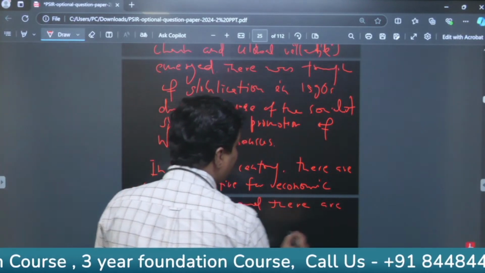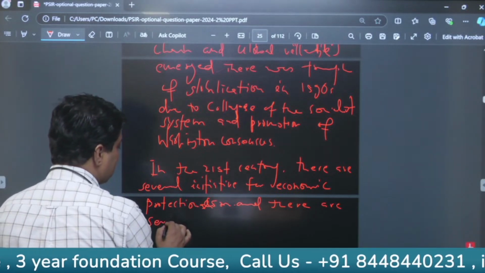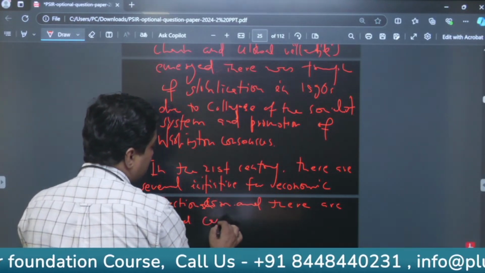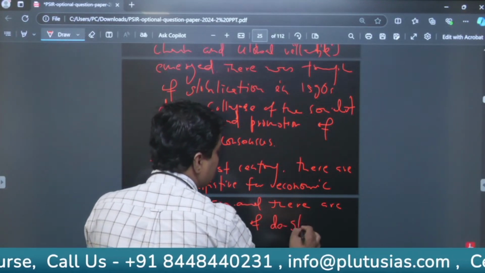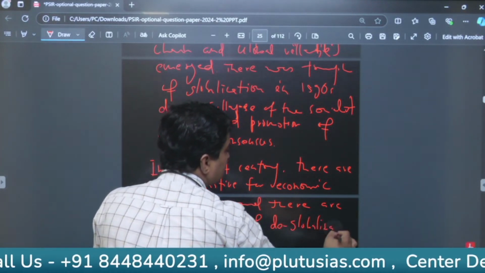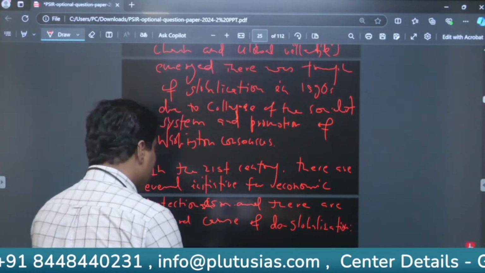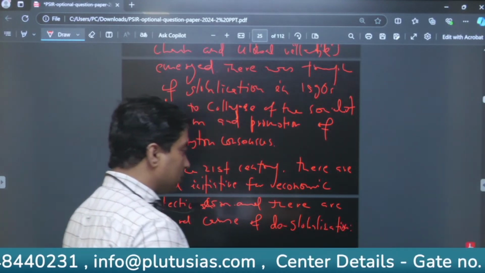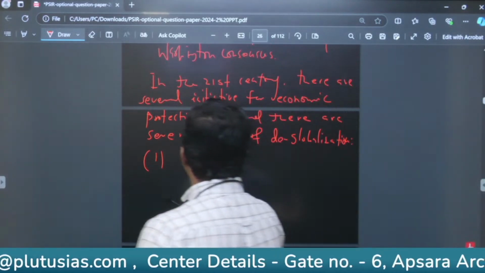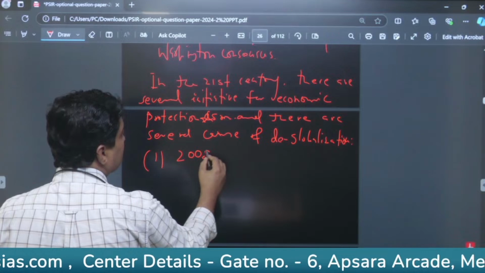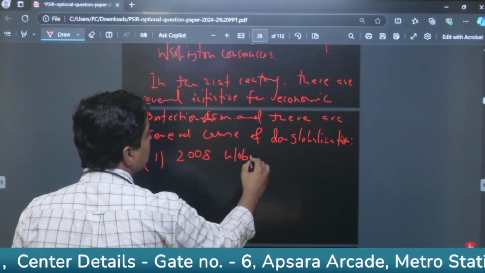And there are several causes for deglobalization. Now, what are the major causes for deglobalization? The first cause was the 2008 global financial crisis.